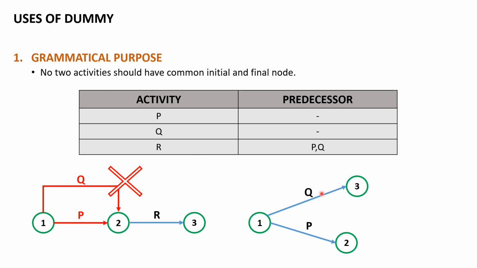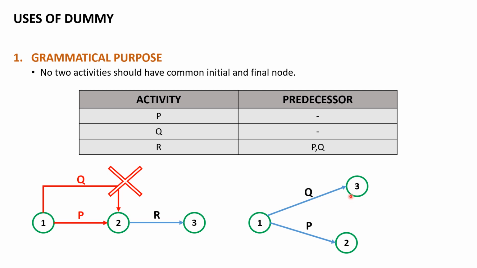Wherein we have both activities P and Q at that particular node. We also cannot have these two activities joining these two events, since it is going to cause a grammatical error.